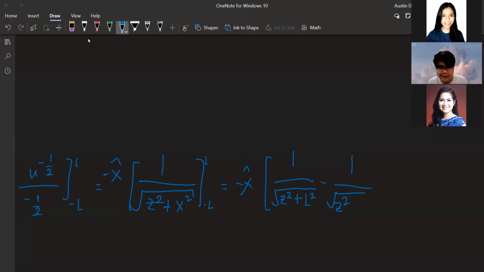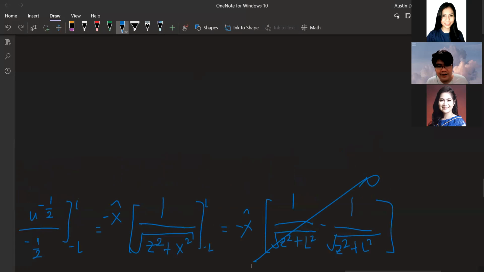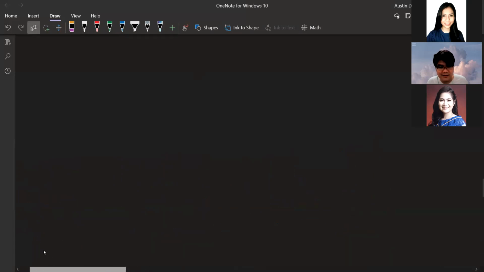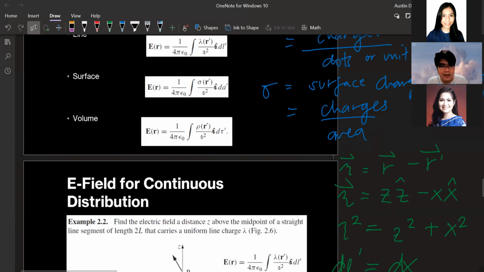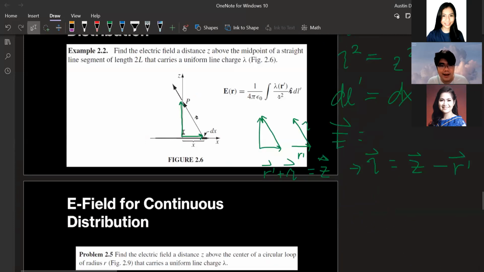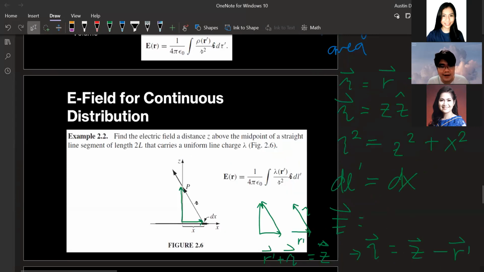What is that? Plus L squared then. And as we can see, this just zeroes out. Okay, so tama yung sinagot ni Jello na everything will be on the z hat direction. Okay? So na-cancel na yung x hat direction natin.